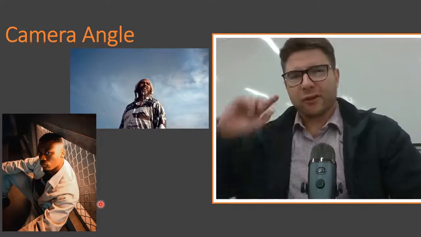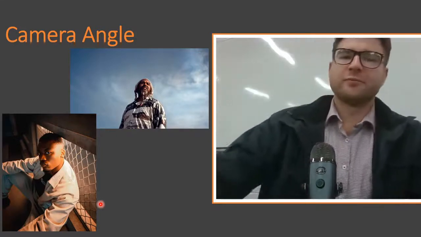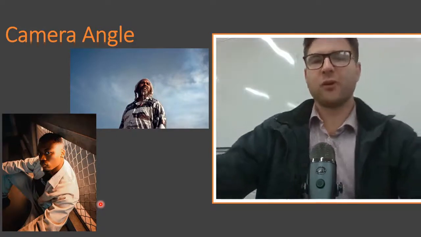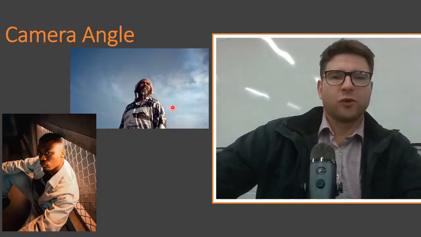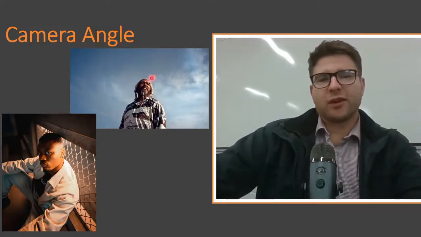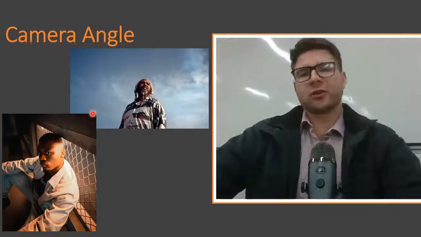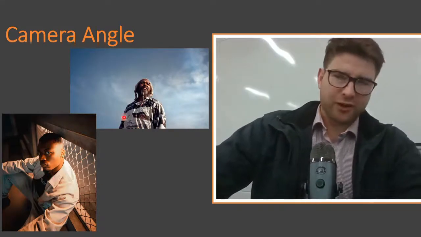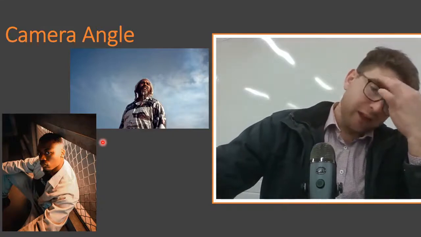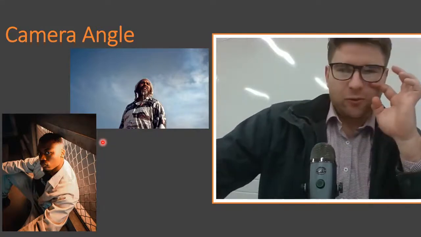And the final thing we need to look at is the camera angle. If you've ever studied film techniques before, you would have looked at how a low angle, so having the camera down low and looking up at your subject, will create an image like this, where looking up at the character makes them appear more powerful, versus looking down on a character makes them look more vulnerable, like this one here. So on a basic level, that's how camera angles work.